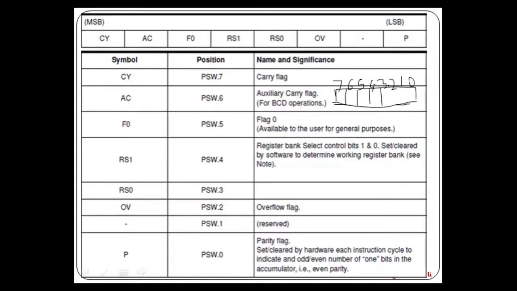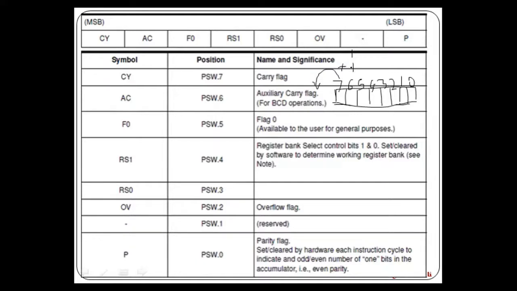So when is your carry set? Again, we'll just revise quickly. Your carry is set when there is an overflow from the 7th bit. You don't have any space to store the result. So your carry is set when there is an overflow, or a carry generated. For example, you have 1 plus 1.